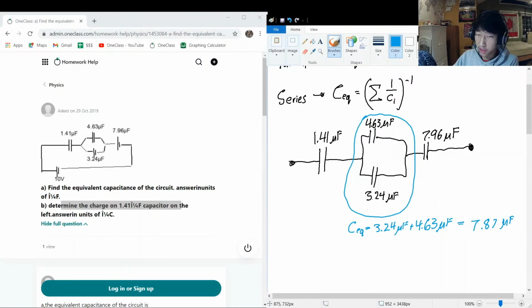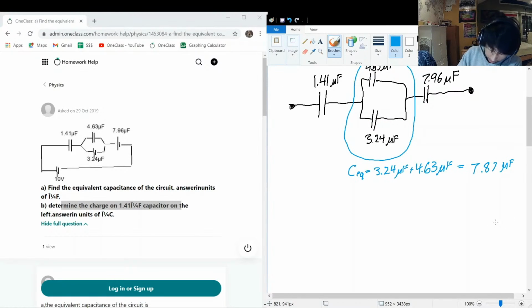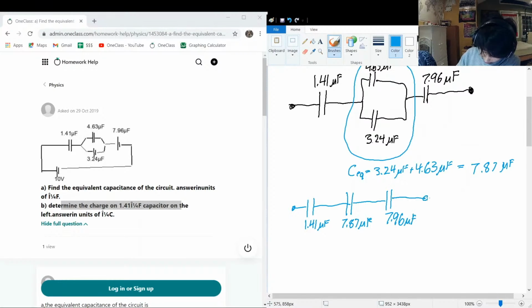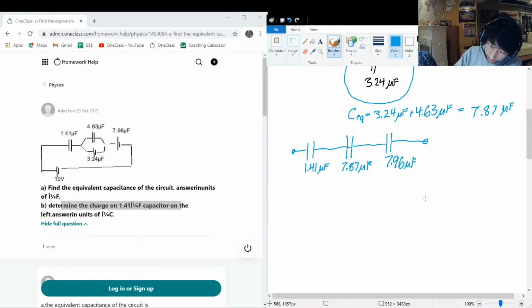Okay, so we can redraw the circuit as 1.41, 7.87, 7.96 microfarads. Okay, and now we have 3 in parallel. I mean 3 in series.